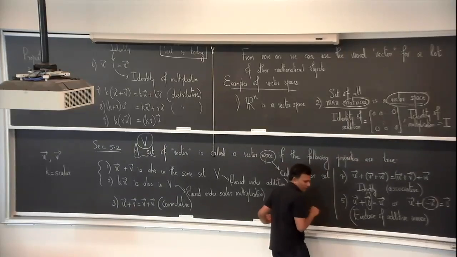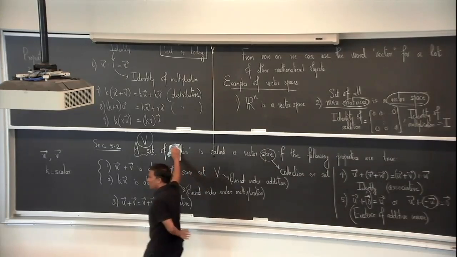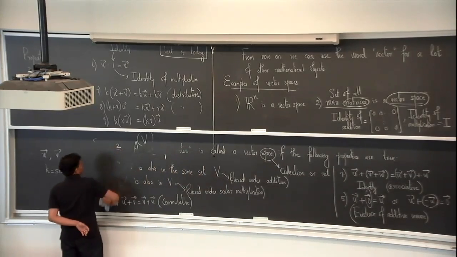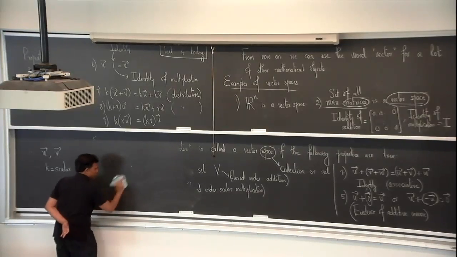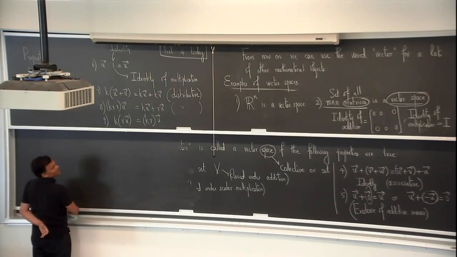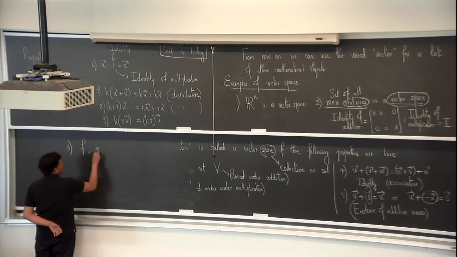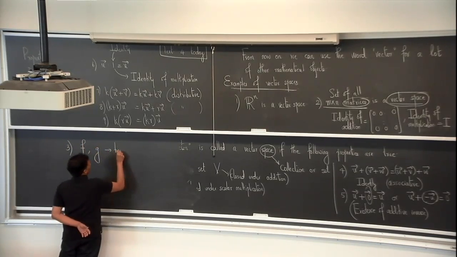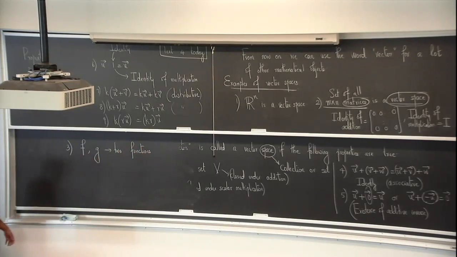Now you've been dealing with these things called functions all your mathematical life. Okay. The set of all functions also forms a vector space. See how linear algebra is slowly getting into other things of math. Okay. So example 3, if we take two functions f and g, if you add those two functions, you get another function.